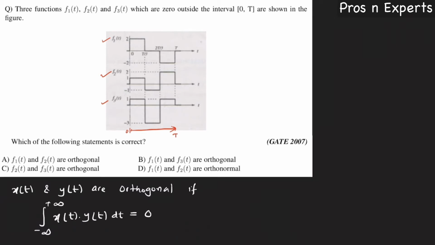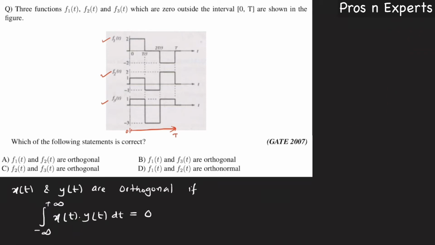In other words, inside the integral you have the product of the signals, and the area under the product of x of t and y of t should be 0, over the whole time interval where the signals exist, from minus infinity to infinity.